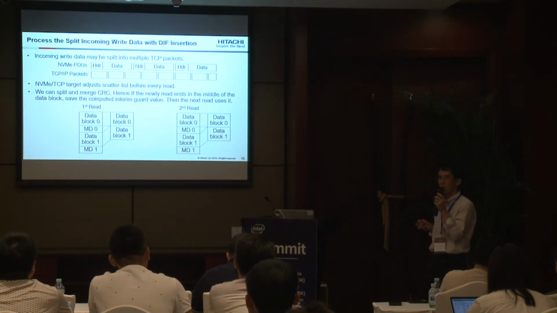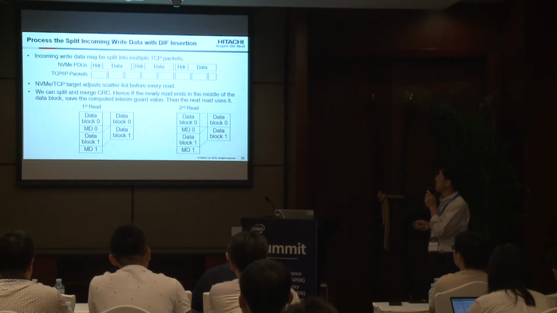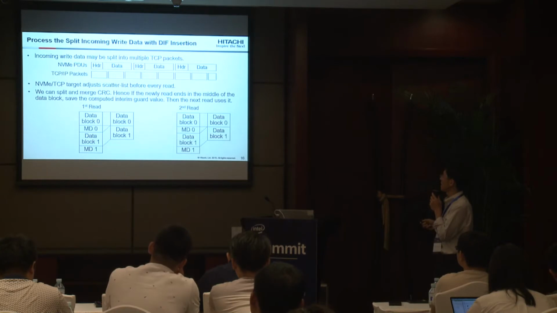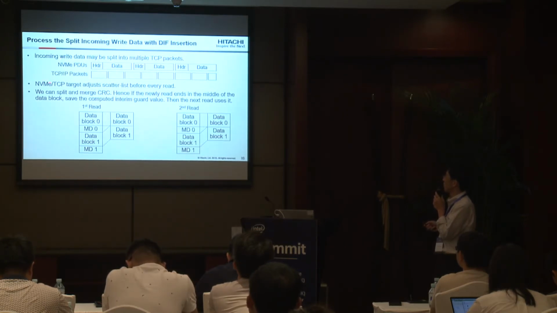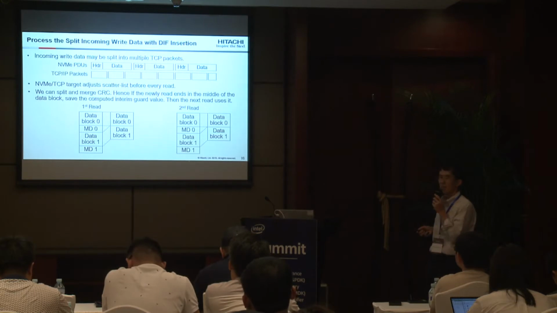This page shows the detail about how to process the split case by using some animation. Incoming write data may be split into multiple TCP packets for any reason. So the target has to adjust the scatter list before every read. The idea for processing this case is, fortunately, that we can split and merge CRC checksum.